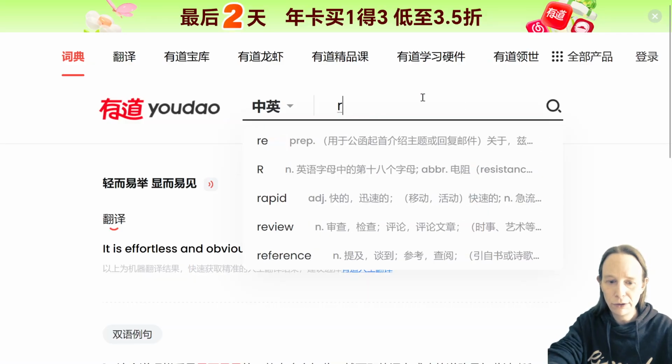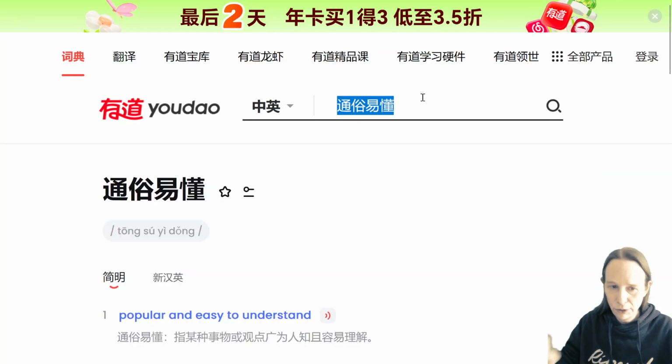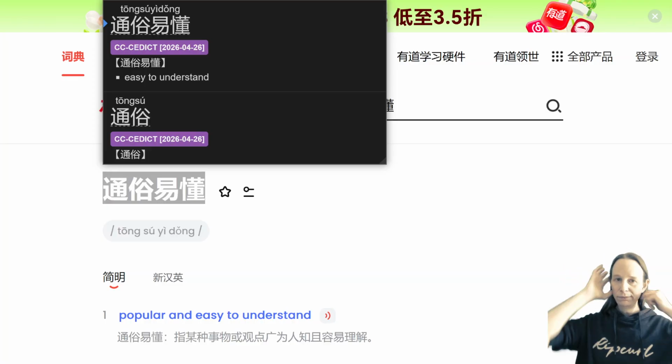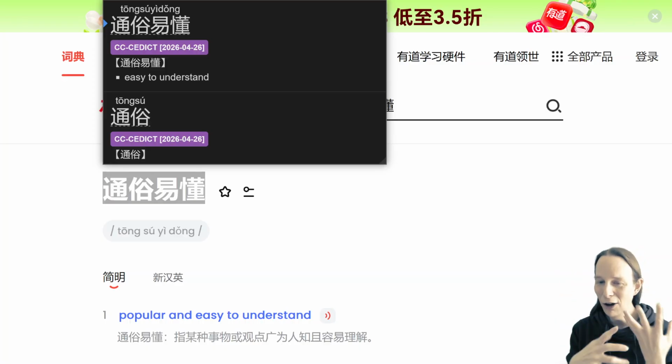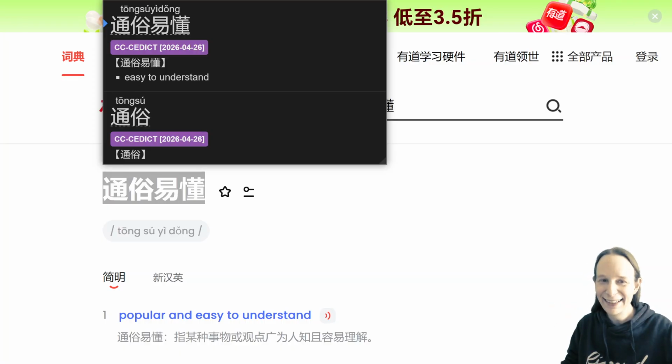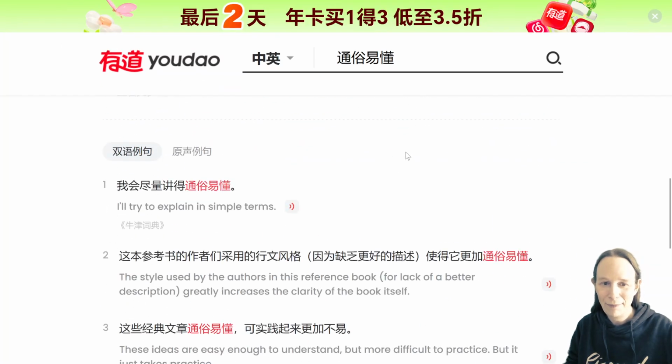通俗易懂. So easy to understand, but it's not just that. It's kind of written in the common vernacular and thereby easy to understand. Yeah, this is a better translation.